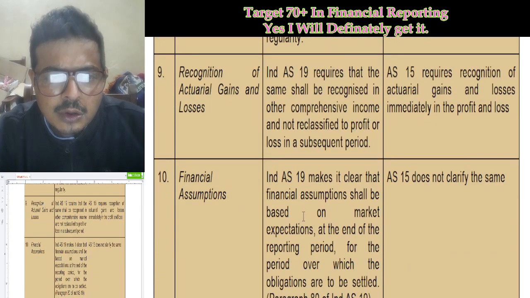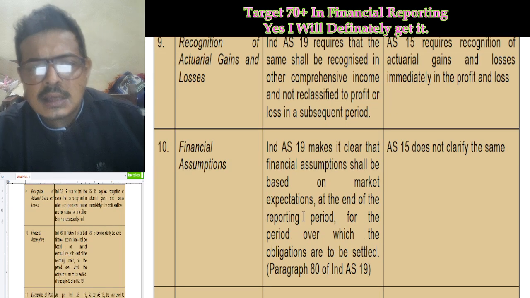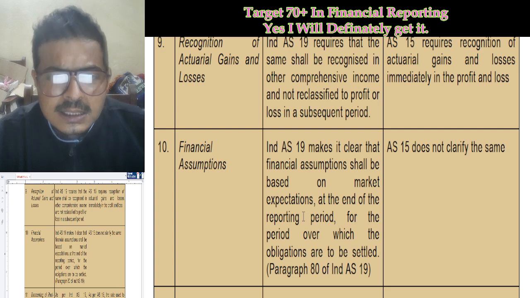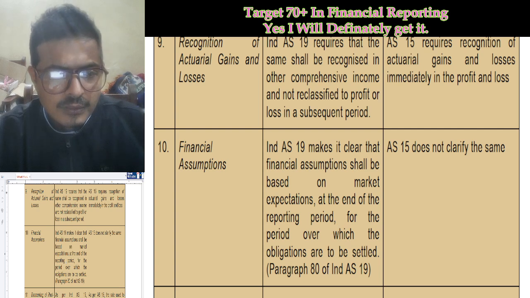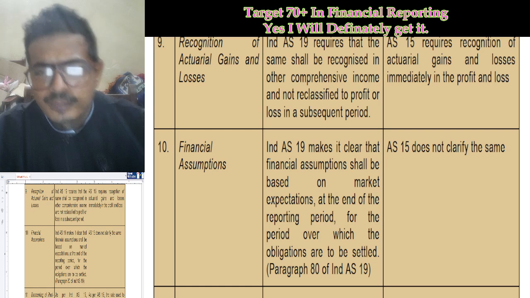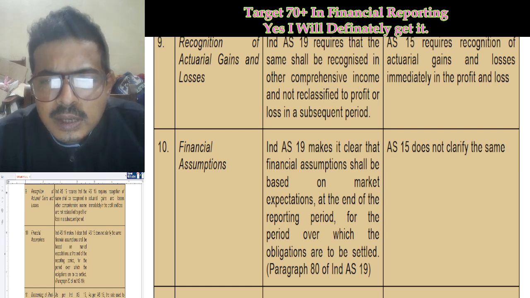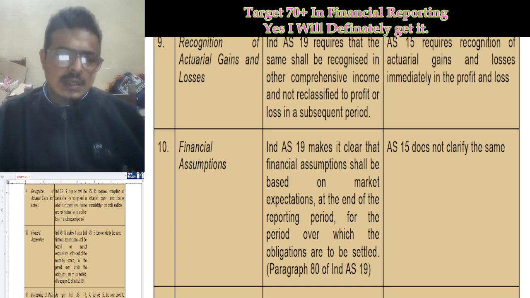Point number 9. Recognition of actuarial gains and losses. Ind AS 19 requires that these shall be recognized in other comprehensive income and not reclassified to profit or loss in a subsequent period. AS 15 requires recognition of actuarial gains and losses immediately in the profit and loss. 10th point, financial assumptions.